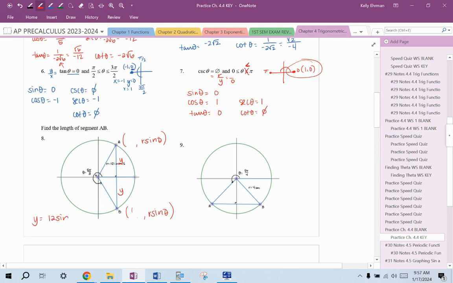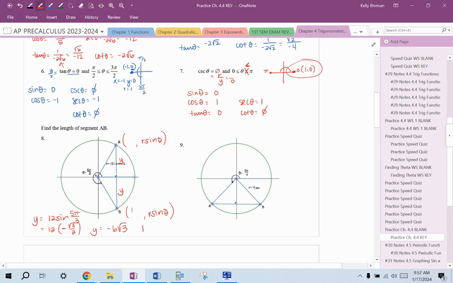What's the sine of 5 pi over 3, which connects to this terminal side? Okay, this is a speed quiz unit circle question. What's the sine of 5 pi over 3? Well, it's going to be negative because you're in quadrant 4. And the sine of pi over 3 is radical 3 over 2. So the y-coordinate is, if I simplify this, negative 6 radical 3.